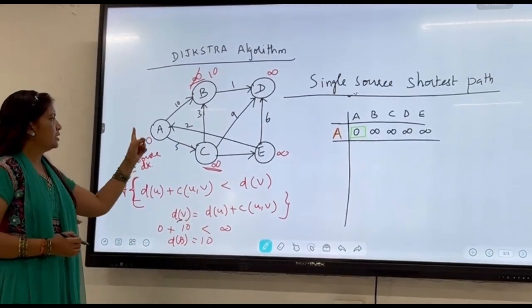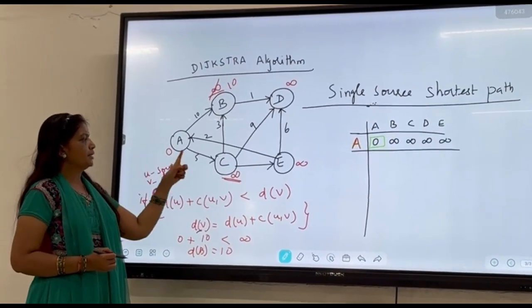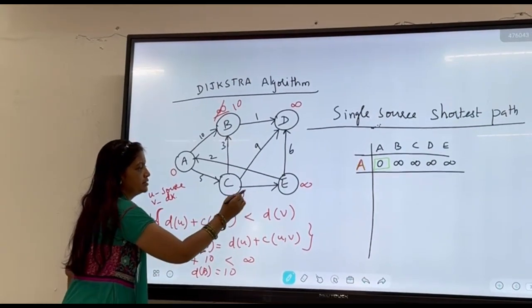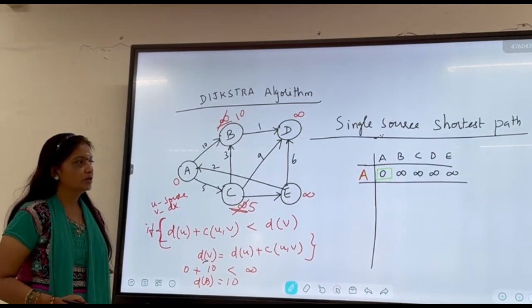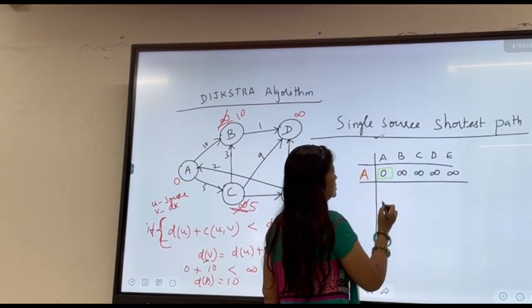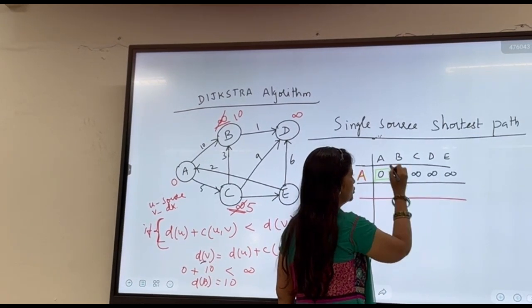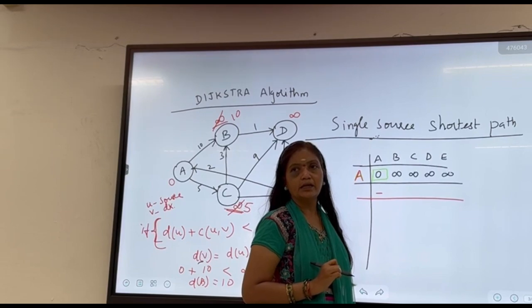Okay? Similarly, A to C. 0 plus 5 less than infinity. Yes, so I have to replace C with 5. Okay? Now update the second row. 0 is already selected. The first row, node A is already selected, so we should not touch this value in the second row.